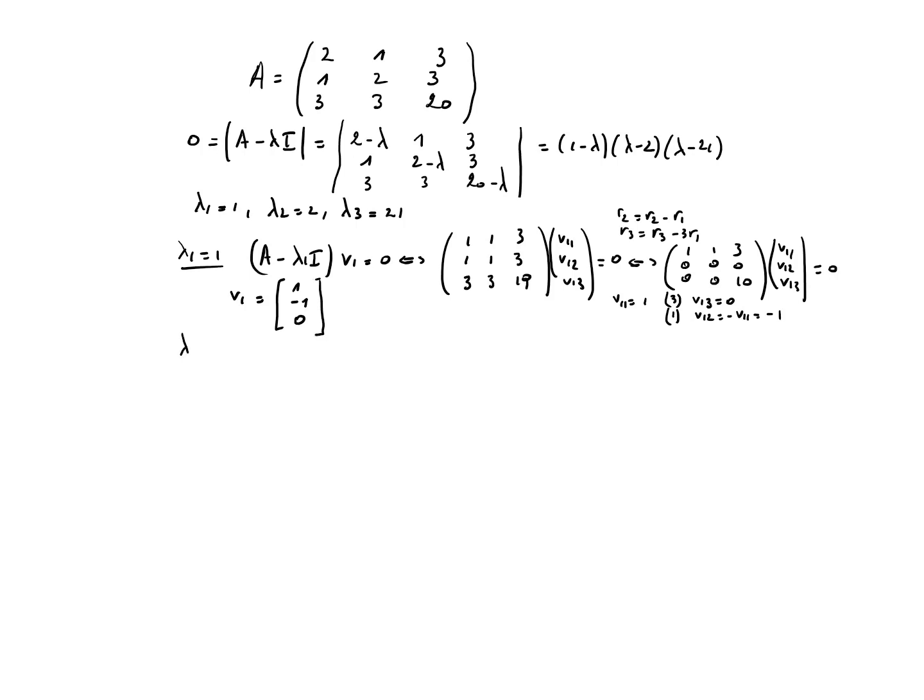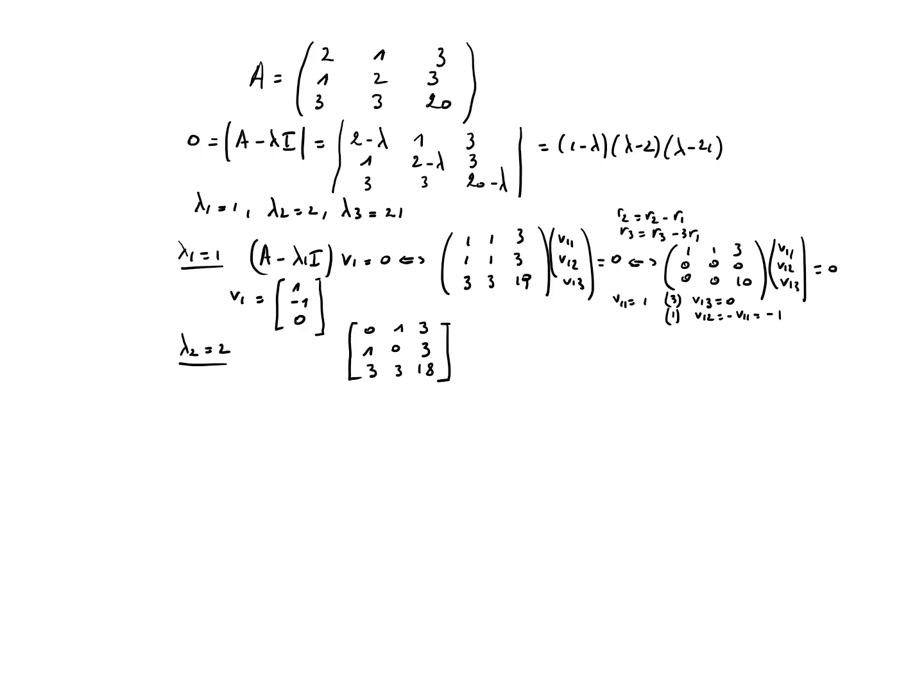So let us take the second eigenvalue, it's 2. So this leads to the system of equations 0 1 3, 1 0 3, 3 3 18, right?